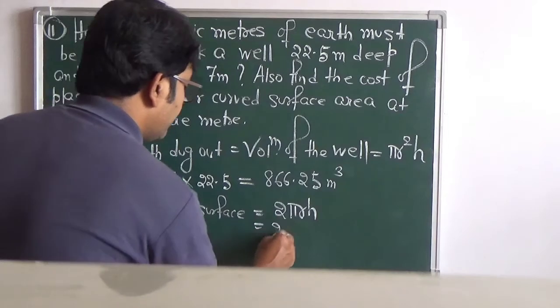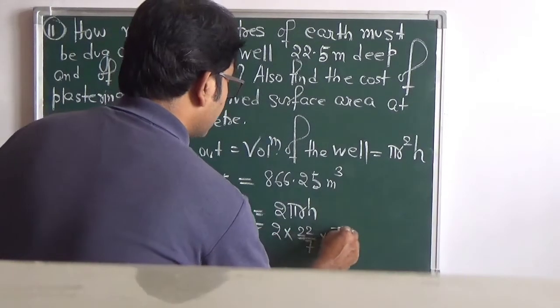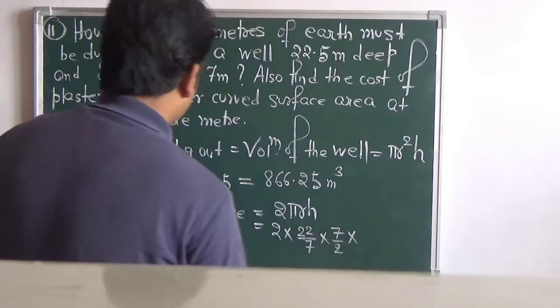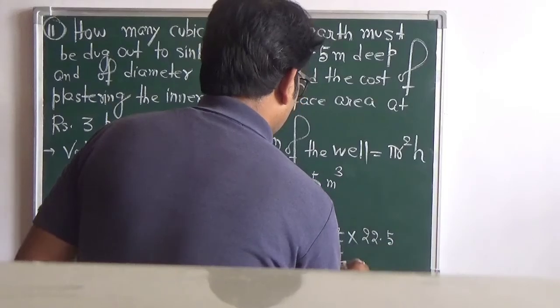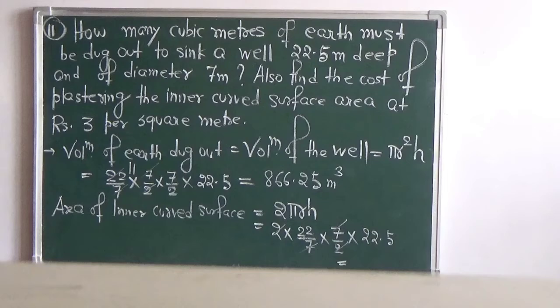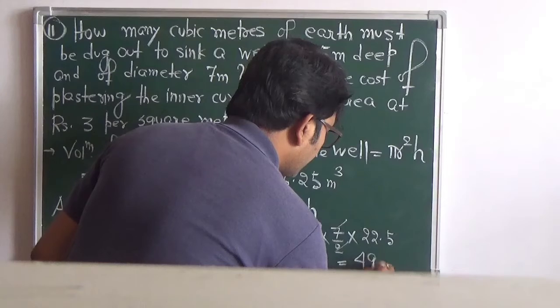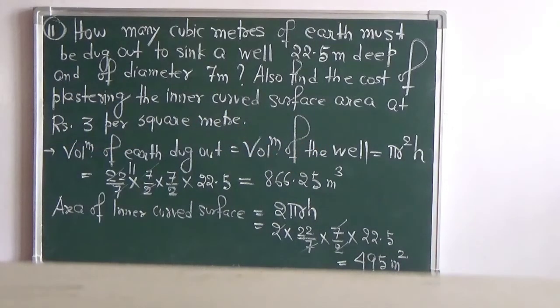This is equal to 2 into 22 by 7, radius 7 by 2, and the depth or the height is 22.5. So this will be cancelled, 2 will be cancelled. So the value is 22 multiplied by 22.5, coming to 495. So 495 meter square is the inner curved surface area.